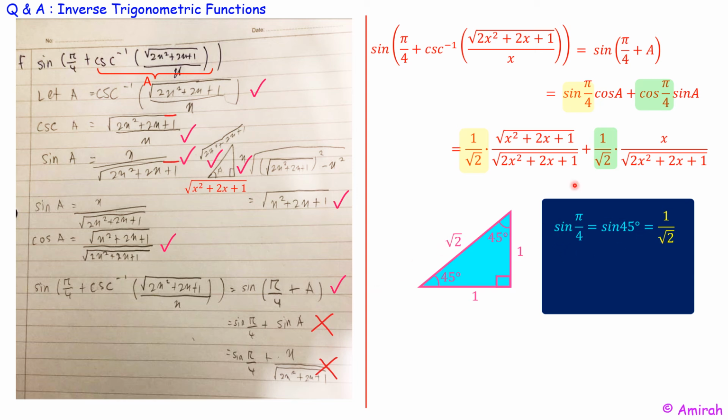Okay, that's why we get sine pi over 4 equals to 1 over sec 2, right? And cos pi over 4, let's say we refer this angle, equals to adjacent over hypotenuse, which is 1 over sec 2, right? Kita boleh calculate using segi 3 2 sama ni, okay?